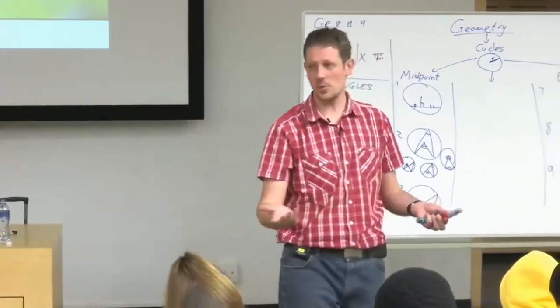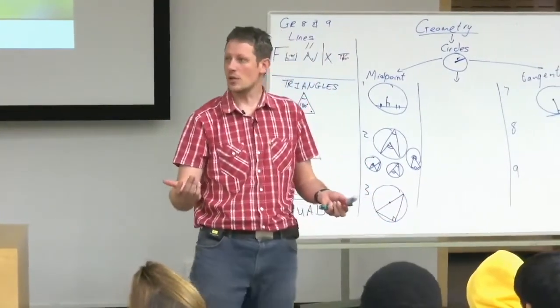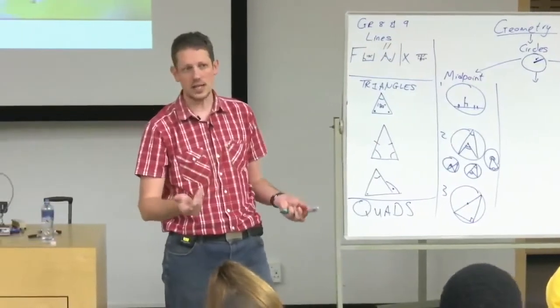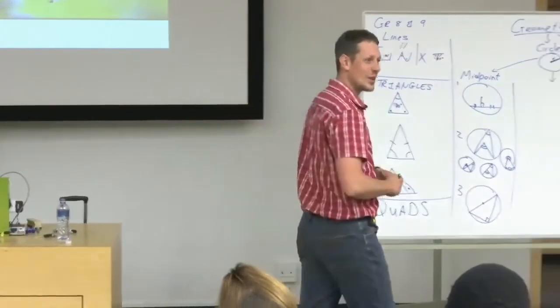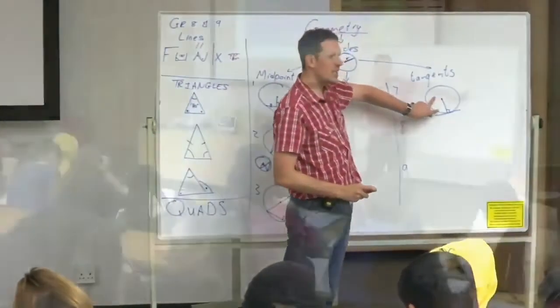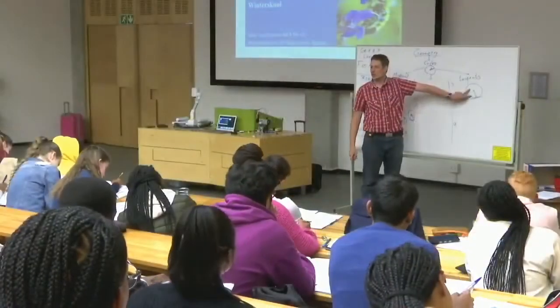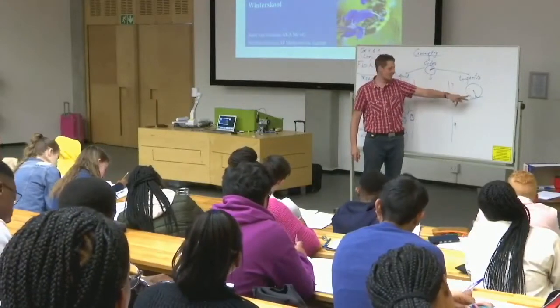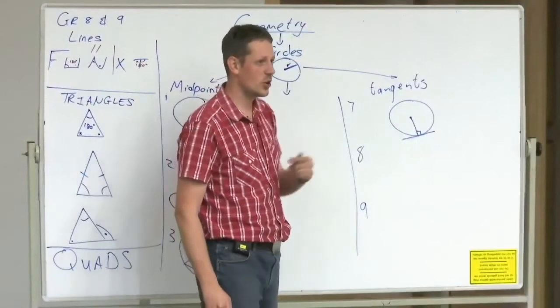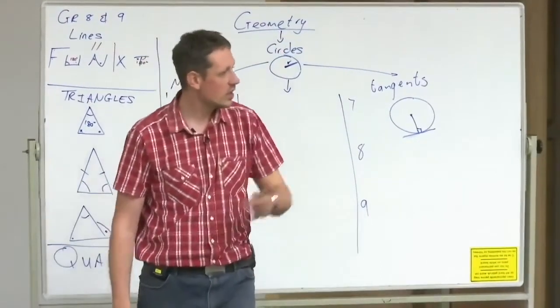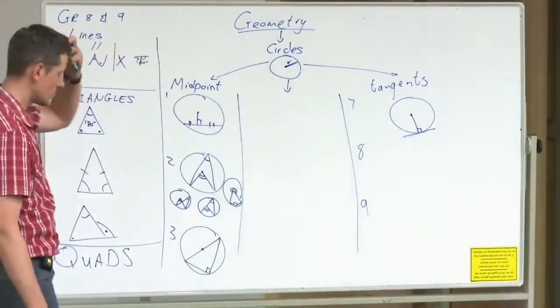In analytical geometry. Okay, now you guys are going, but I haven't done circles in analytical geometry. That's okay. But remember, if I get the gradient of the radius, I can get the gradient of the tangent, because their product has to be -1.